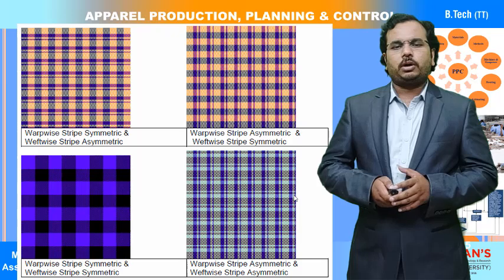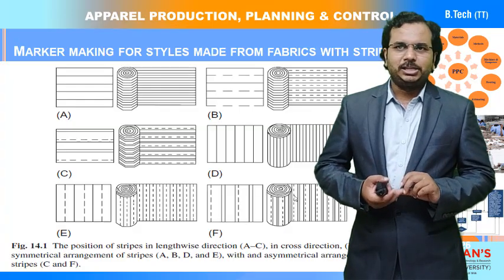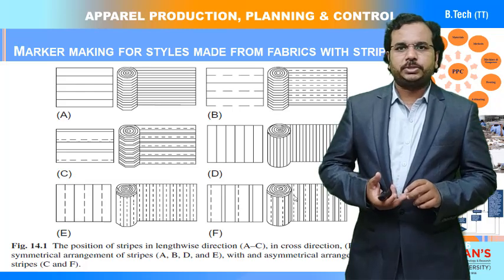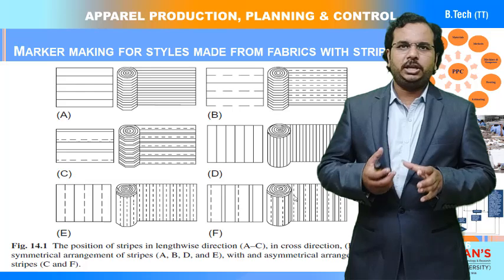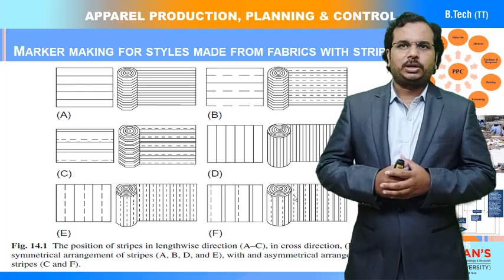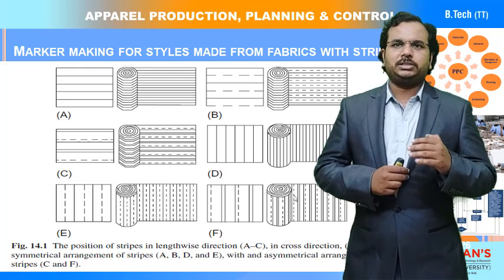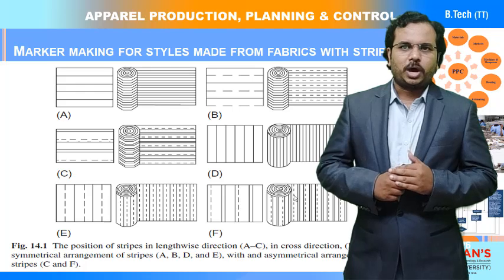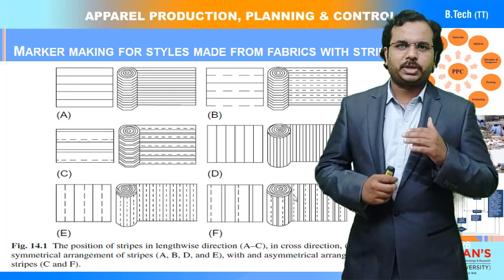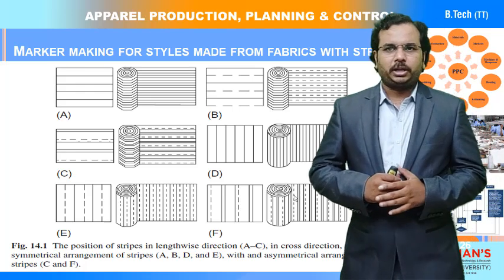So let us look at how marker making is done for styles made from fabrics with stripes. You can observe here images A, B, C, D, E, F. There are a total of six images shown here. Symmetric and asymmetric patterns in warp-wise stripes and weft-wise stripes are shown, and you can see that image A is symmetric.